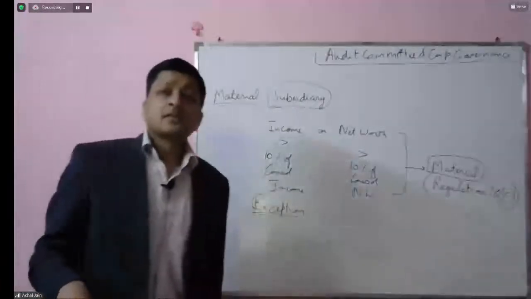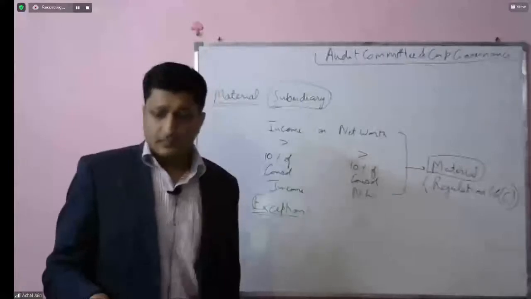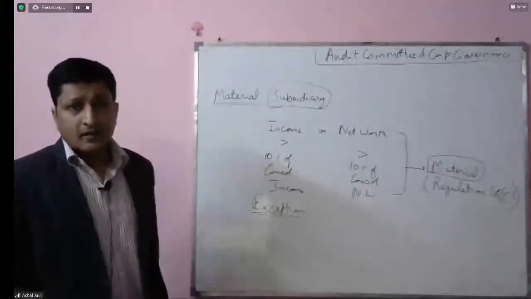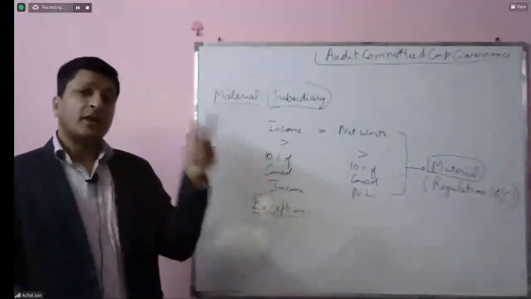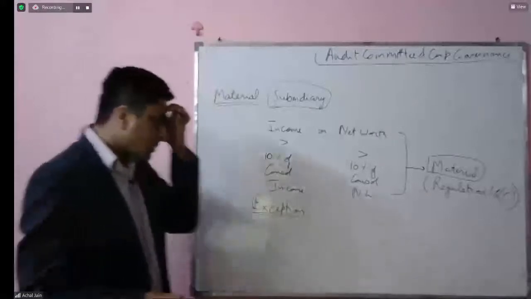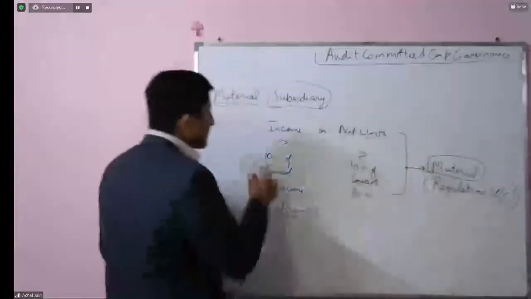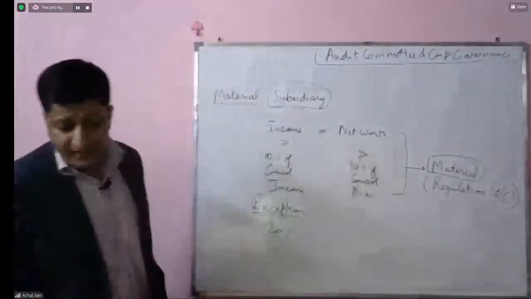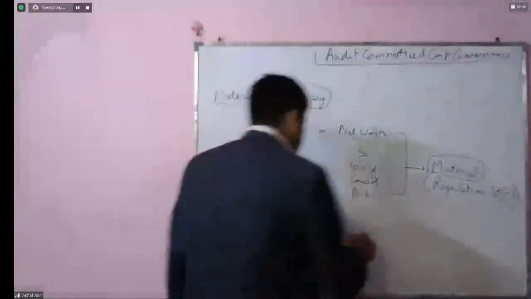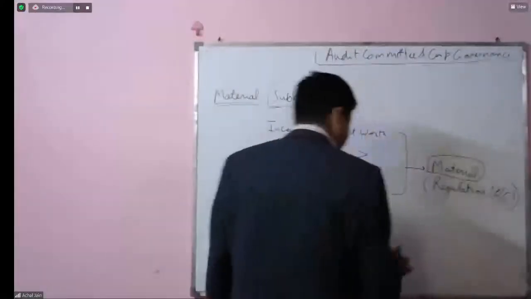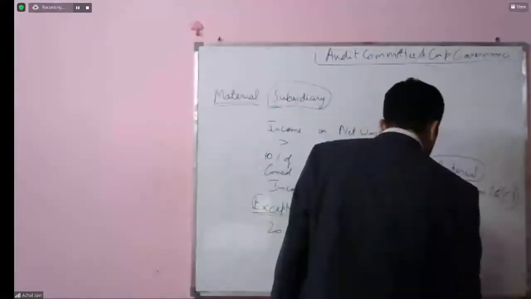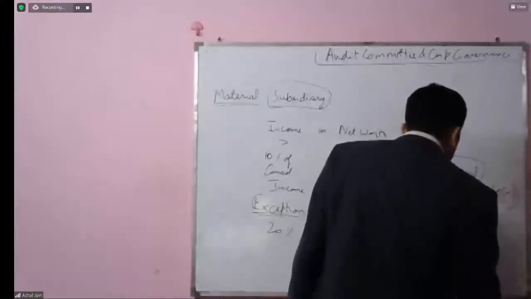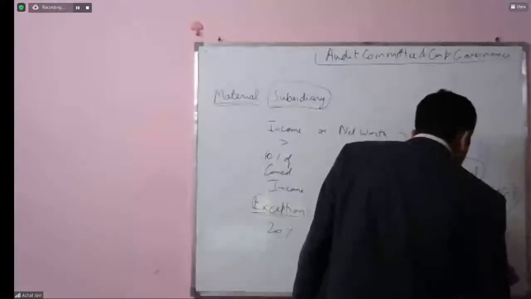In case of regulation 24, wherein the appointment of an independent director of the listed company is required to be done for an unlisted subsidiary, instead of considering 10%, we will consider this percentage as 20%. Only for regulation 24(1).